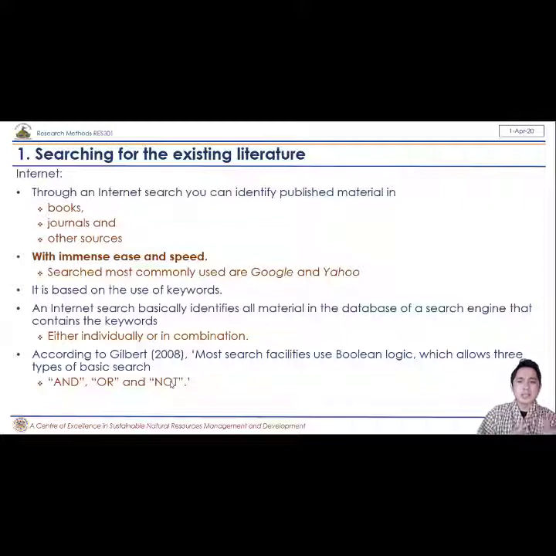So not agriculture means it will omit that word. This is how you do the first step, searching for the existing literature. You just want to search those literature which are important for you.